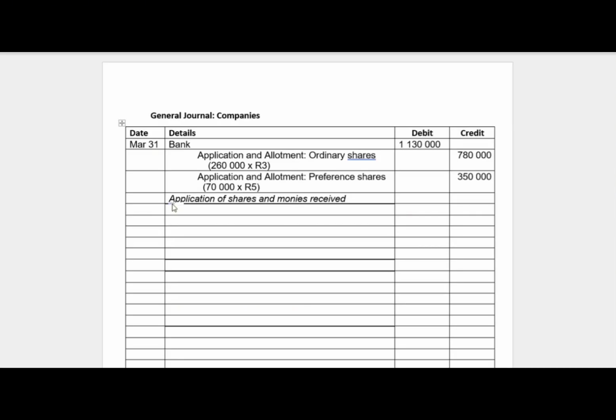So now remember, after recording the application, we are done. We are going to record the allocation of shares. So when we allocate shares, the second step, we allocate shares.